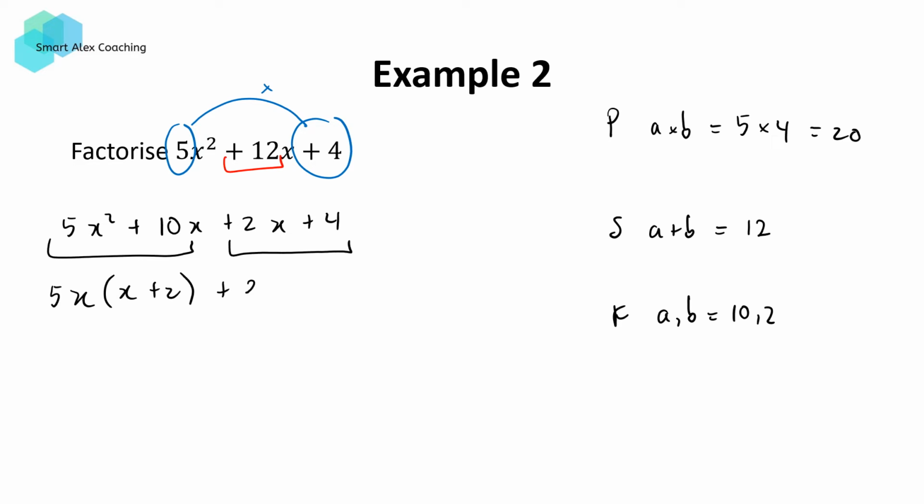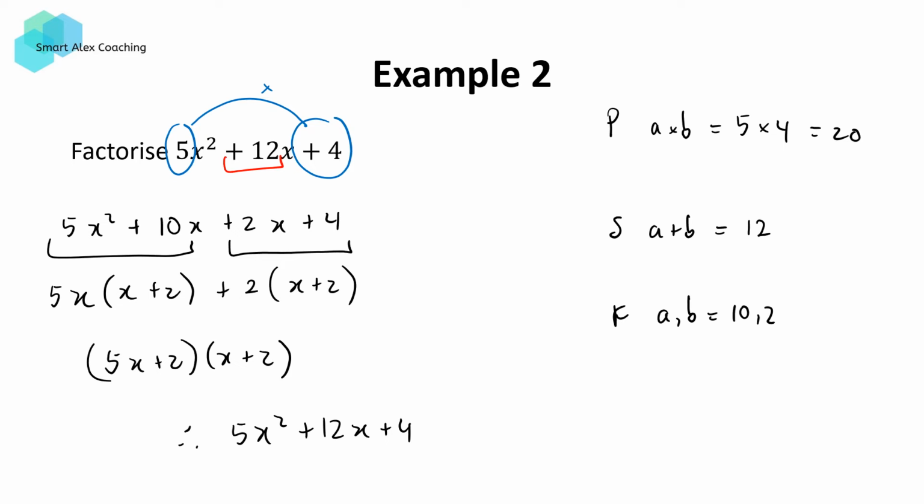For the second pair, take out the 2. We're going to get x plus 2 inside the bracket as well. So this reduces to 5x plus 2 times x plus 2. Therefore, 5x squared plus 12x plus 4 is equal to 5x plus 2 times x plus 2 in factorized form.